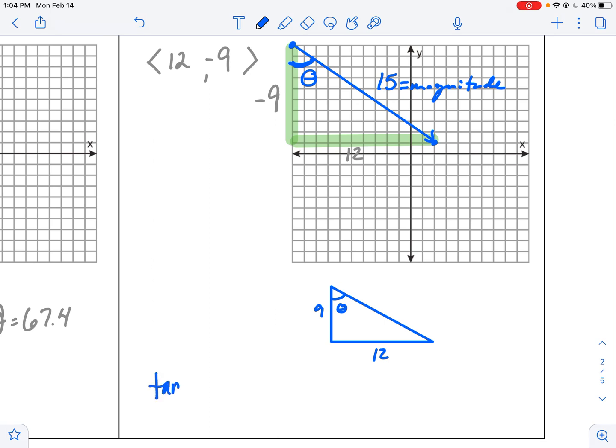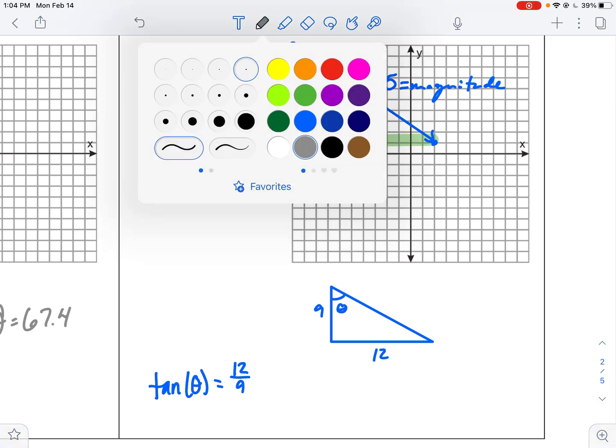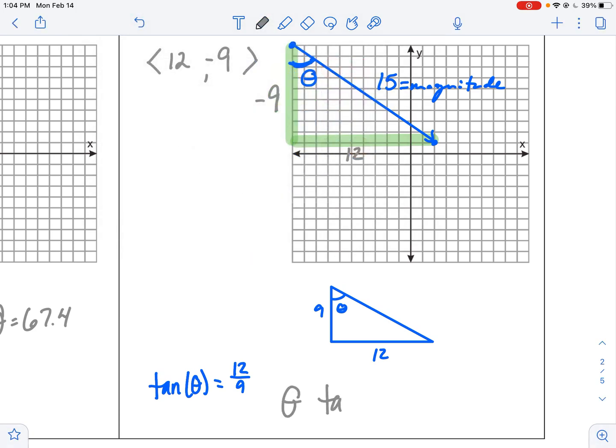I would have tangent of theta equal to the opposite over the adjacent. And it's the same process. I would do theta equals the tangent inverse of 12 over 9. And that would get me about 53.13 degrees. So that's how you'd find the magnitude and direction of a vector.